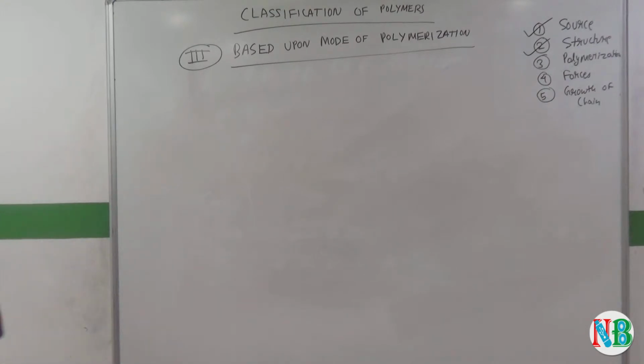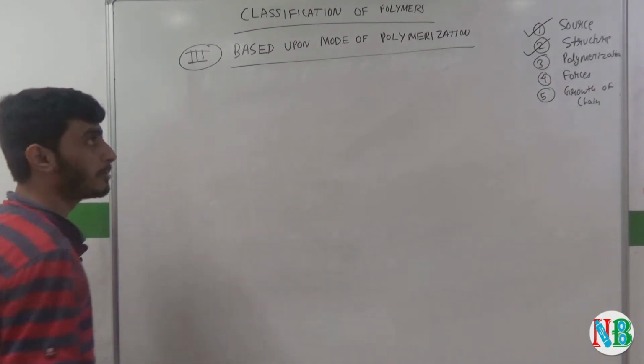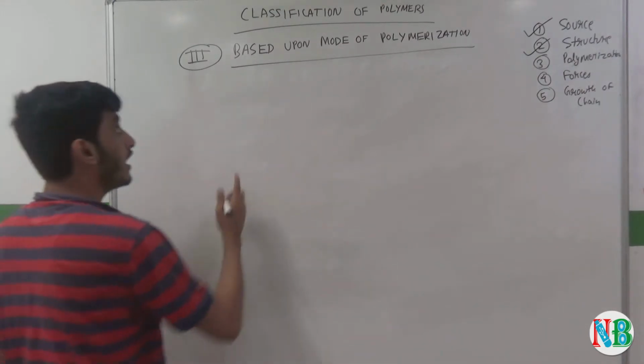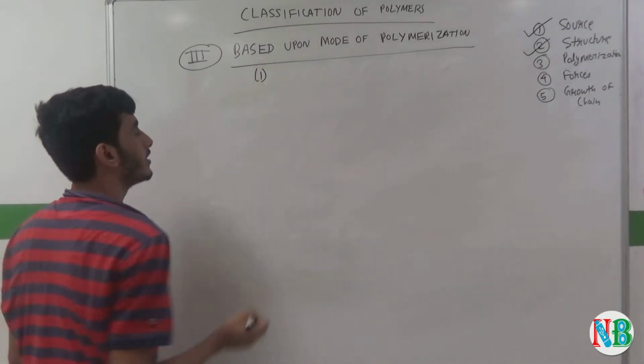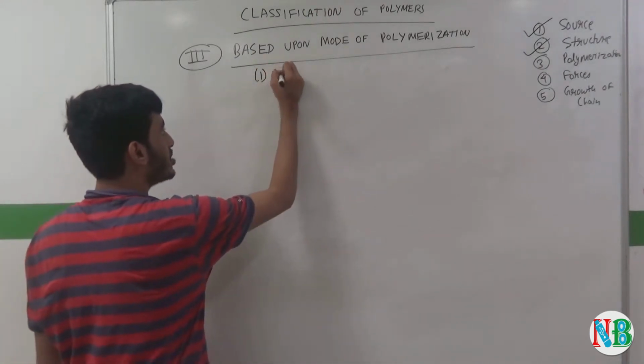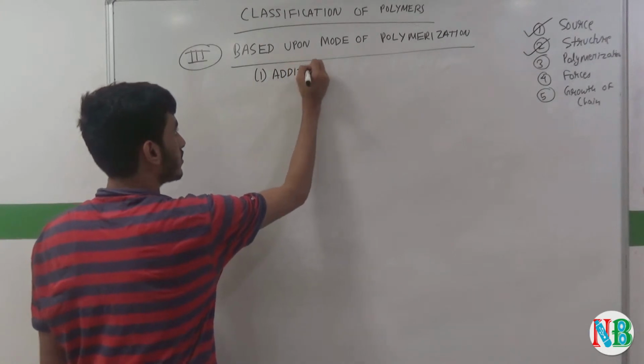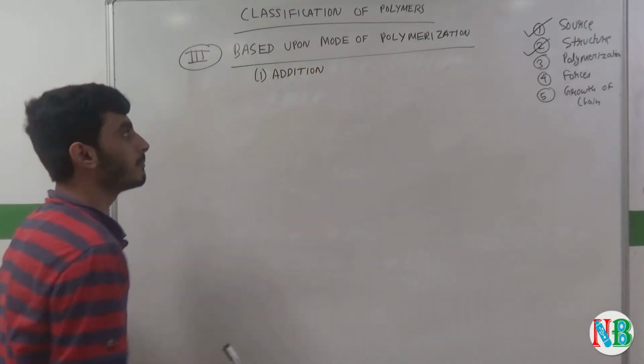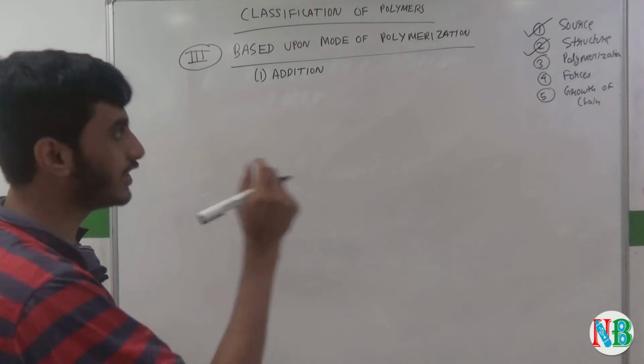Okay, so under this section we will learn about two kinds of polymers. These two kinds are very important. The first is addition polymers, in which the small parts are simply added to each other.